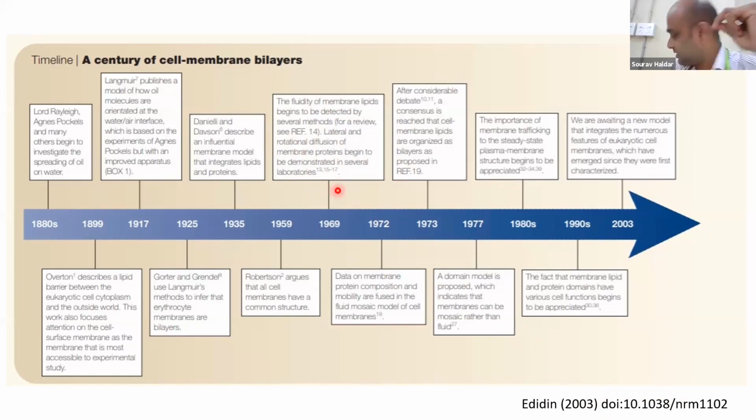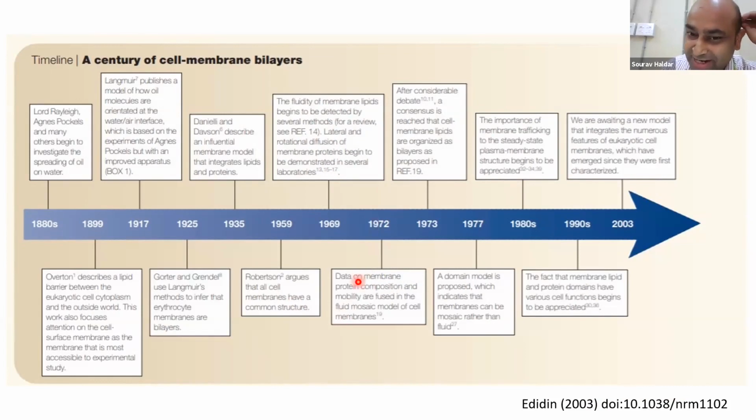And then around 1972, Singer and Nicolson put up a model which is now known as the Singer-Nicolson fluid mosaic model. If you see the original paper which was published in Science, there is no original data in that paper, and it is not a review paper either.